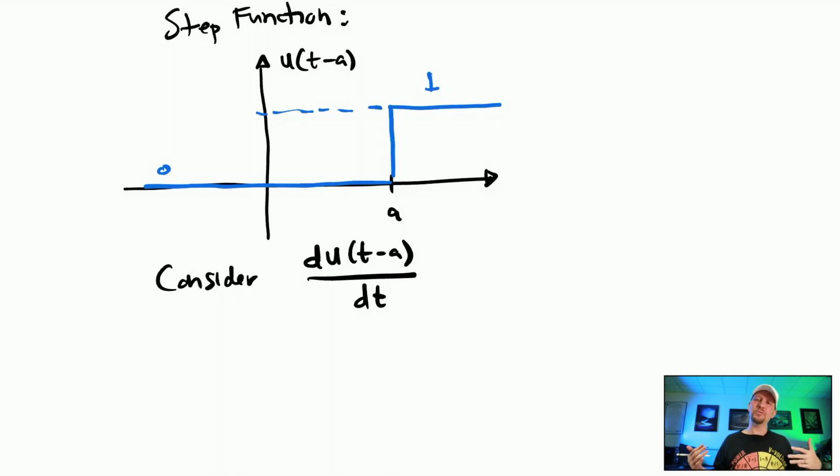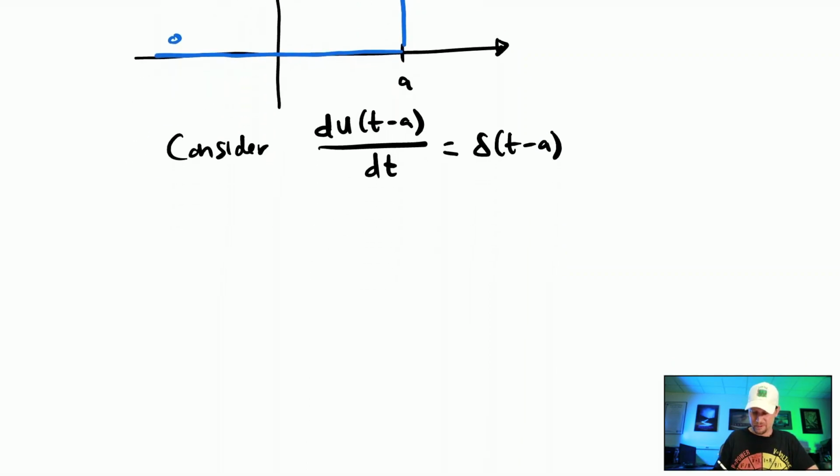The only place where it's not 0 is exactly at the place where there's that discontinuity, and the derivative of a discontinuity is infinite. So if you take the derivative of the step function, what you get is the impulse.